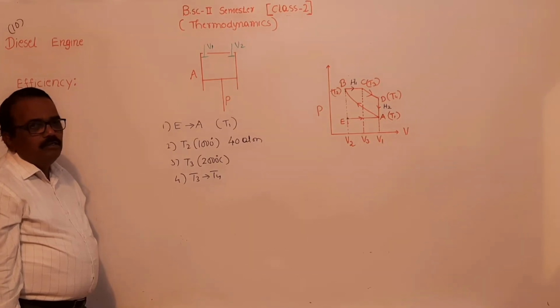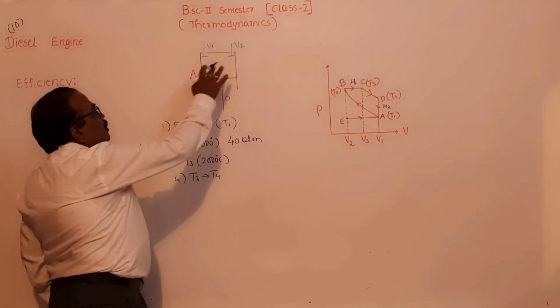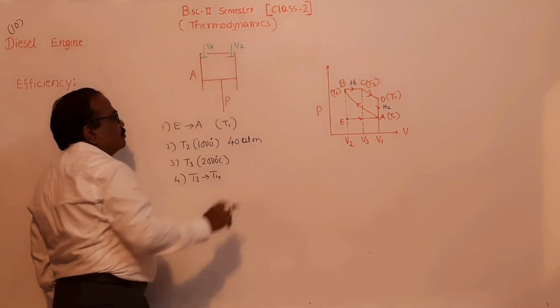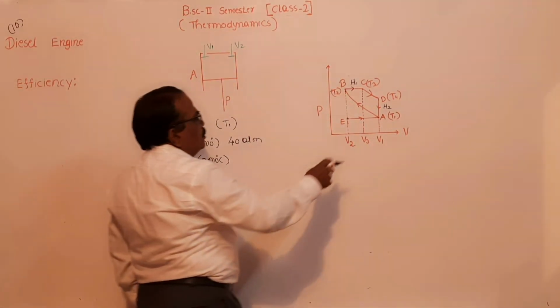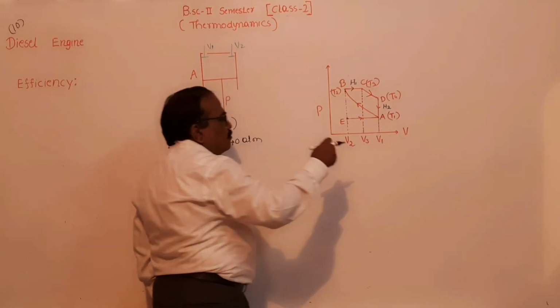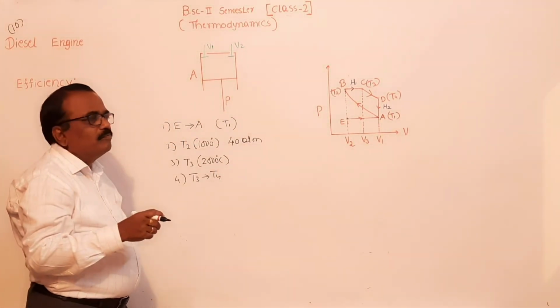When point D is reached, the exhaust valve is opened and it reaches point A, the atmospheric pressure.